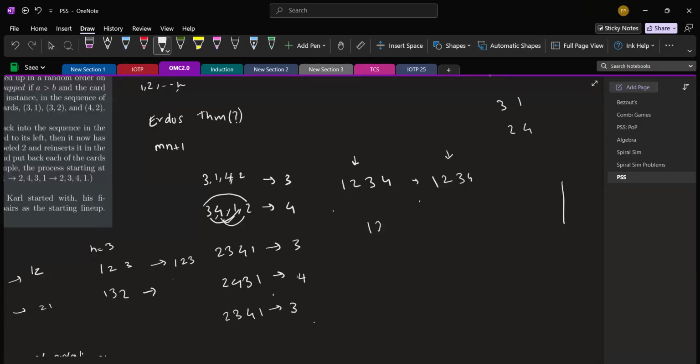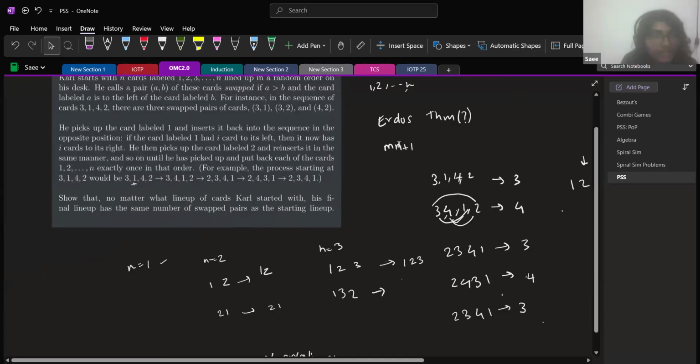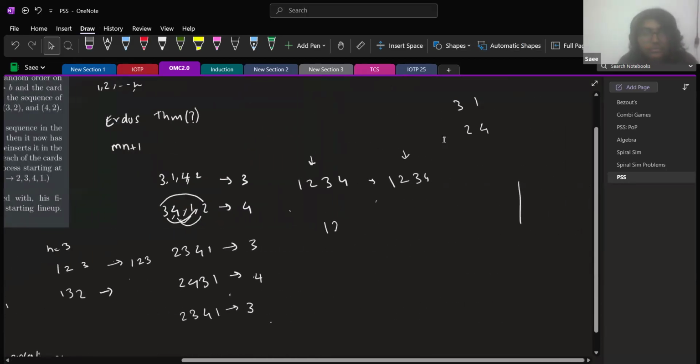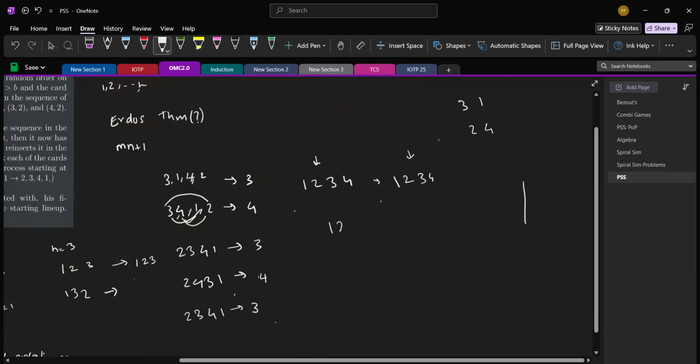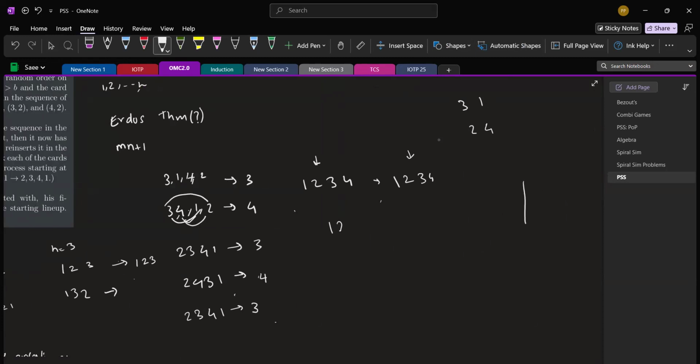Okay, wait. Is that how it's supposed to look? Wait, which case are we taking? 3, 1, 4, 2. Yeah, this one. So the process just becomes like swapping the top and the bottom element. So it's easier to see, I guess.